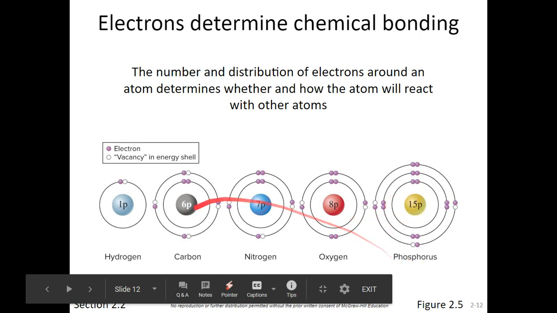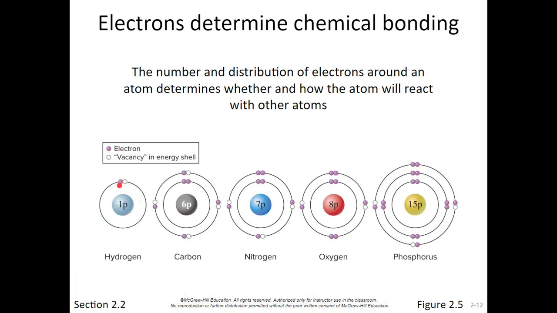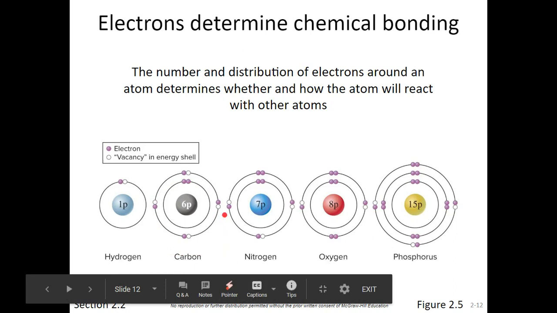You see how many electrons are in the outermost shell: 1, then 1, 2, 3, 4, then 2, 3, 4, 5. So you have to look at the outermost electrons. When you look at the periodic table, the group number will tell you the number of outermost electrons.